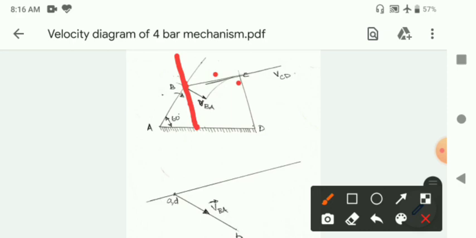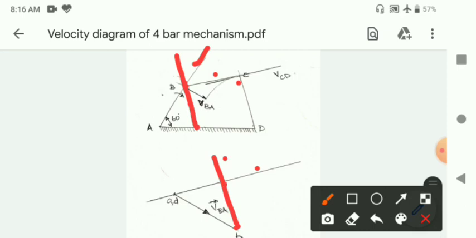Now in the velocity diagram, this is point B here. From point B you draw a line parallel to this line, so that these two lines will meet.